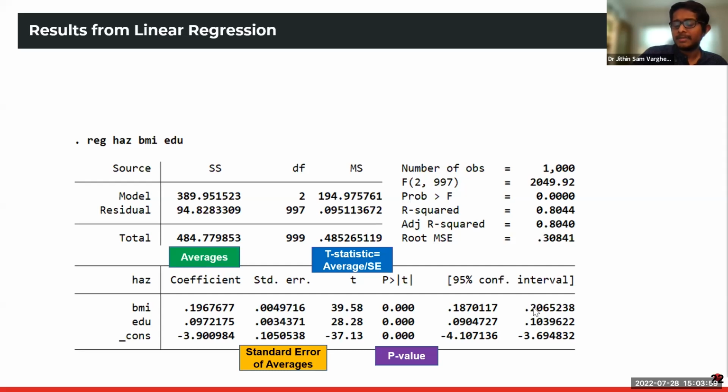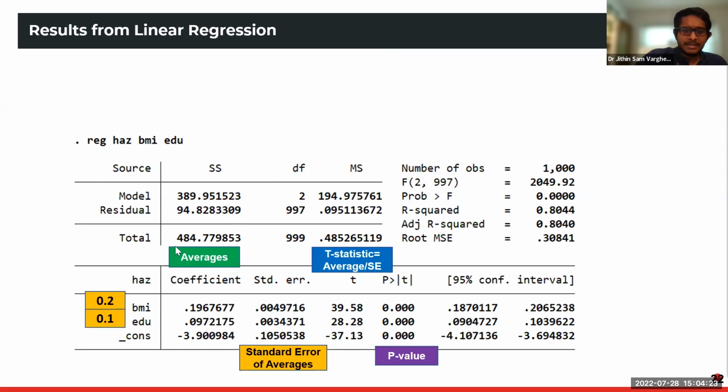This confidence interval has some useful properties, and it is what we typically use for hypothesis testing. I want to point out that we expect an association between BMI and height for age of 0.2, and we see that it is pretty close: 0.196. We expect an association of 0.1 here, and we see about 0.097.